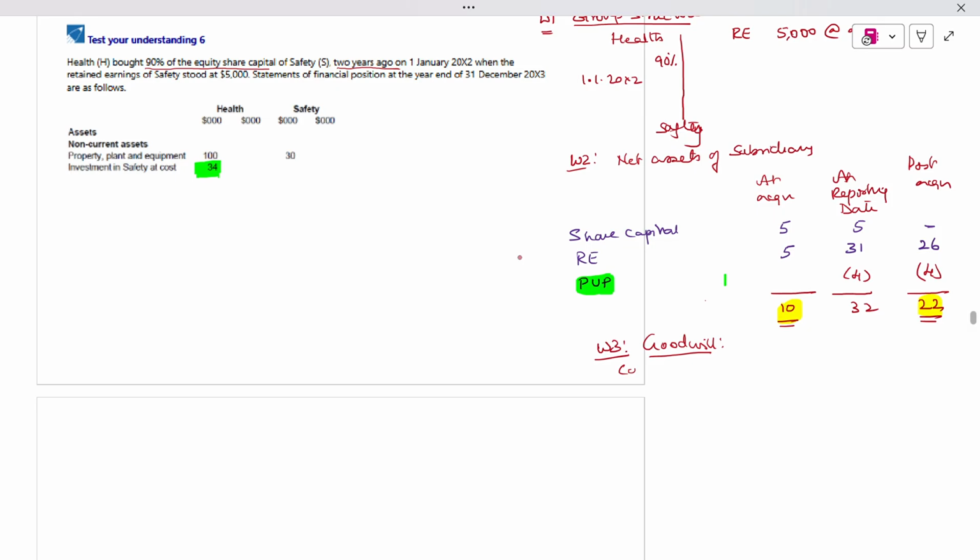Cost of investment is 34. This is in thousands. Next, what do we have to add?